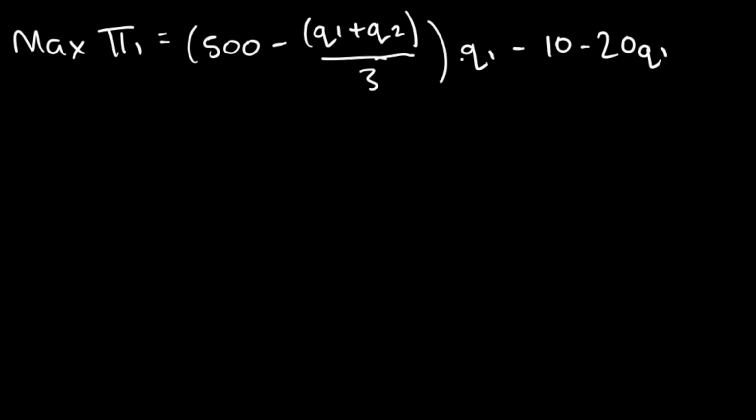Because they're choosing quantity, we differentiate with respect to quantity in order to maximize profits, since we're then going to find the value for quantity that maximizes this function. So I just wanted to confirm that.